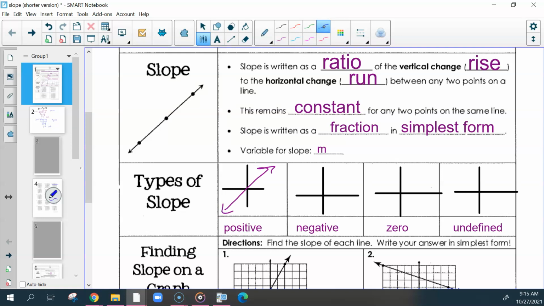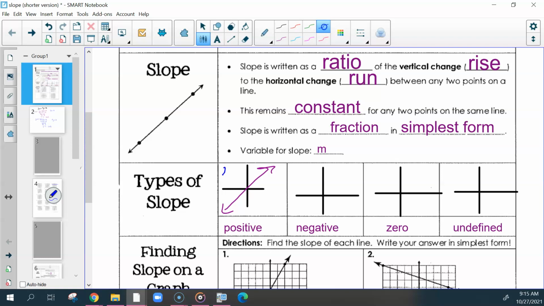There are positive and negative directions. If you go up or you go right, those are both positive directions. If you go down or you go left, those are negative directions. If I'm reading this left to right, I always need to go up or down first because it's rise over run.